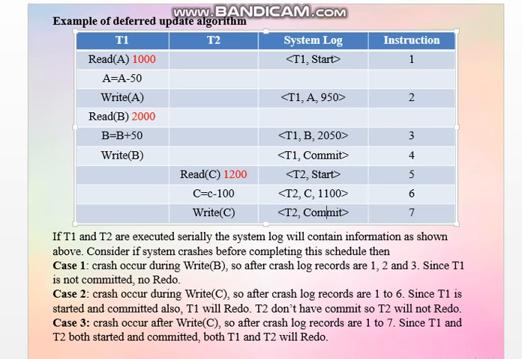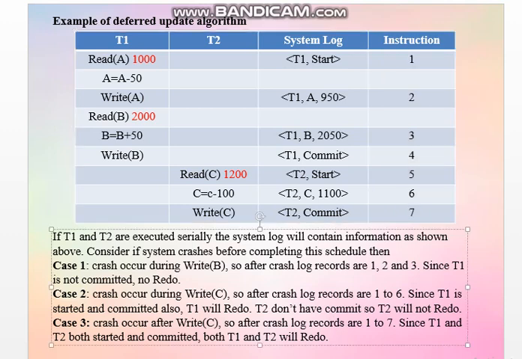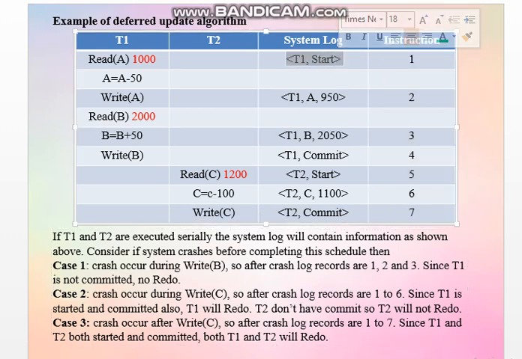So the log file will contain all 7 instructions recorded. Since we find that transaction T1 has its start and commit entries, and T2 also has its start and commit entries, for this particular case we need to redo transaction T1 as well as redo transaction T2. So the database should be in a consistent state. This is all about the deferred update recovery method.